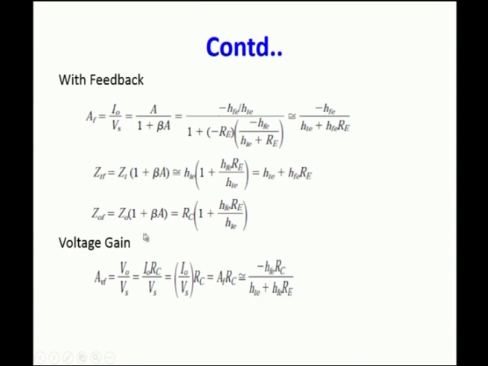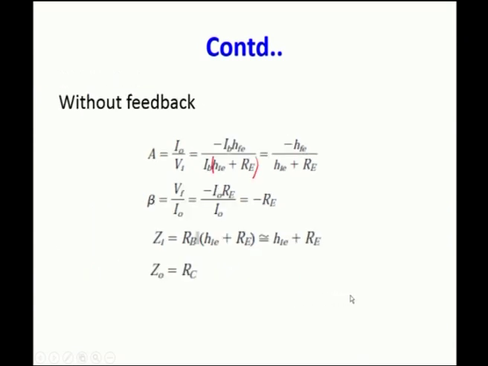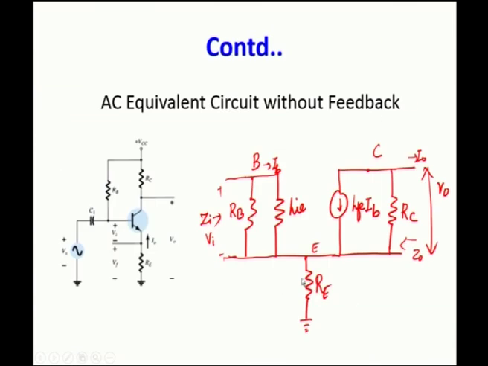And for the voltage gain, the actual voltage gain is V naught by Vs, given as minus HFE RC by HIE plus HFE RE. The voltage gain is reduced by RE now. So, here this resistance is included in this circuit, and if the resistance is included, the gain is reduced.